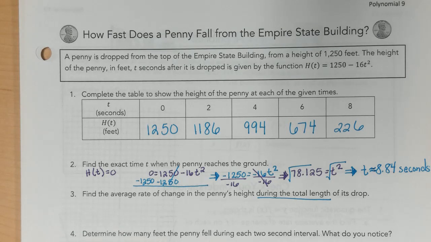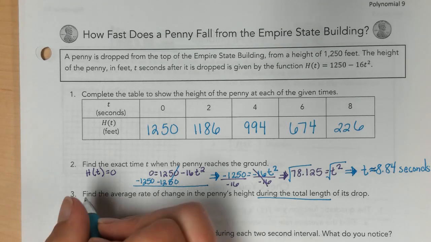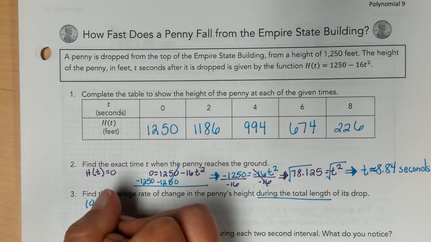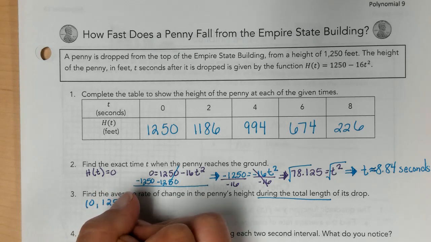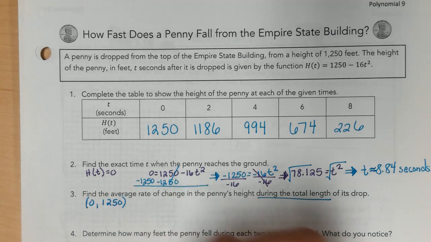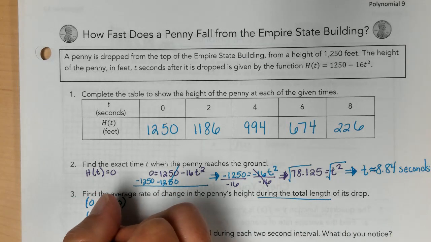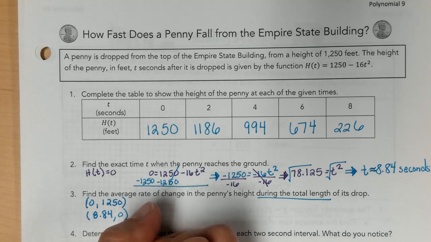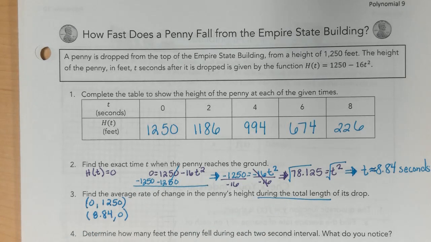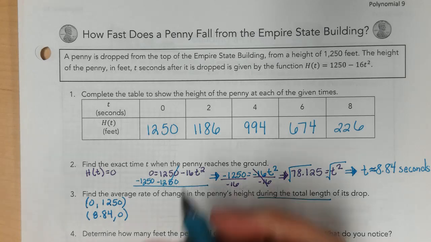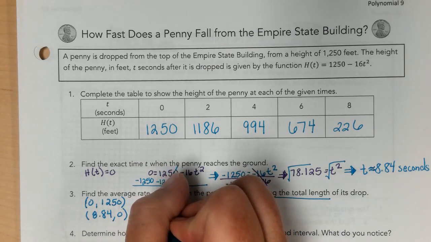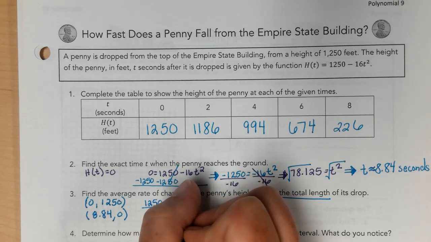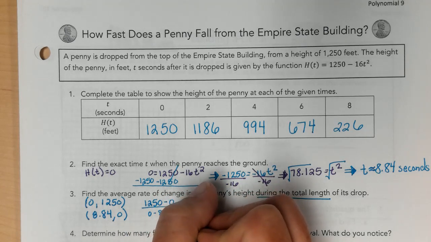Well, the total length means that I started at 0 and I was 1,250 feet off the ground, and I ended 8.84 seconds later when I was at 0 feet off the ground, correct? So 1250 minus 0 over 0 minus 8.84.